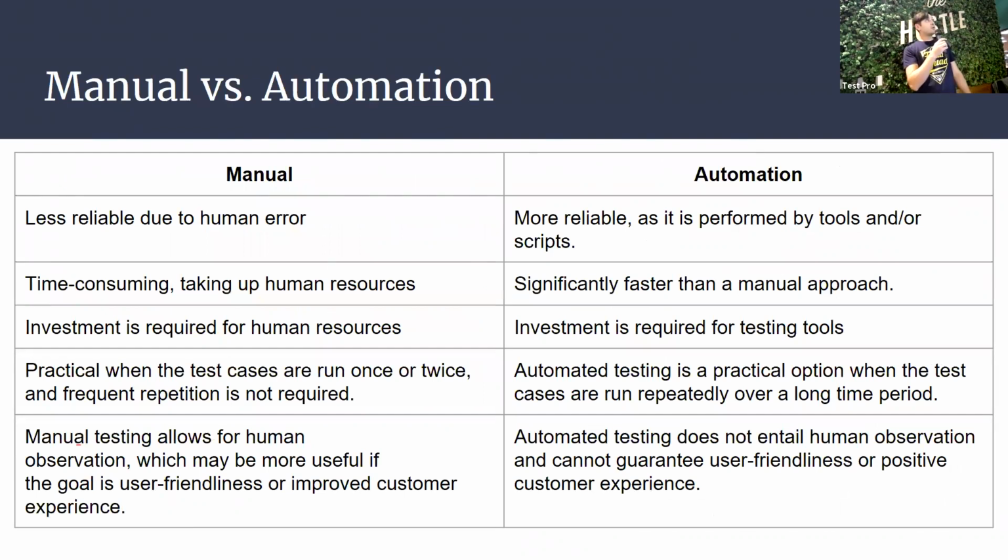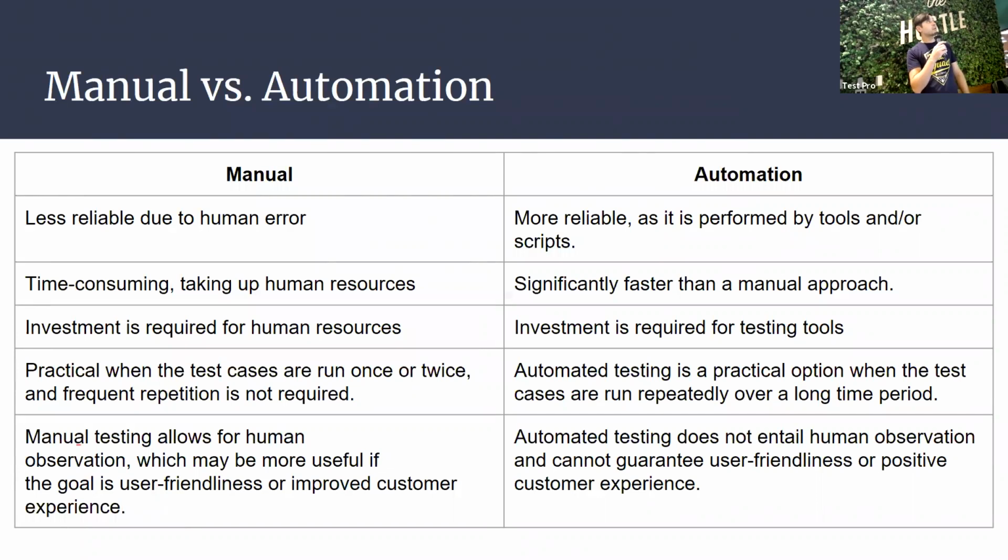So what about manual versus automation? Manual, because it's all done by a human, has a human factor involved. Automation is more reliable because it's performed by a soulless machine, and it really doesn't care. It doesn't get sick, well, sometimes. Manual is also time consuming, but automation, as I mentioned before, is pretty much free at execution time.